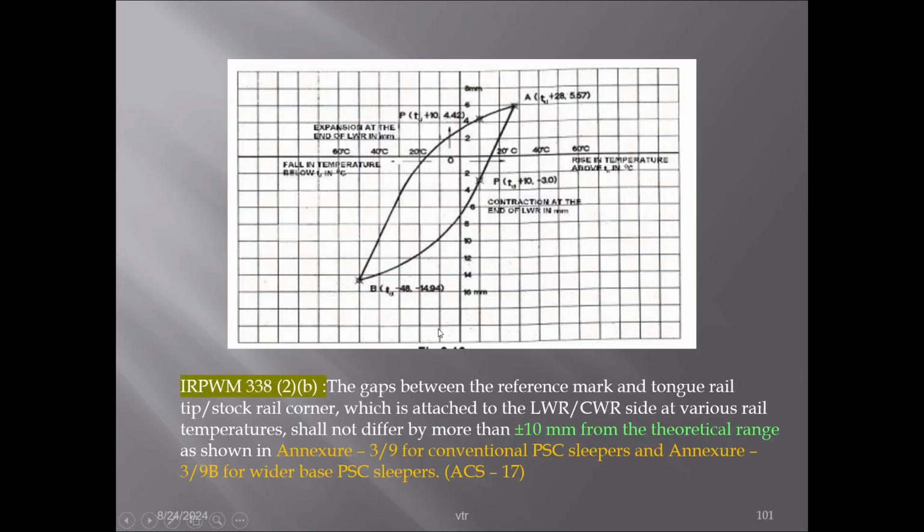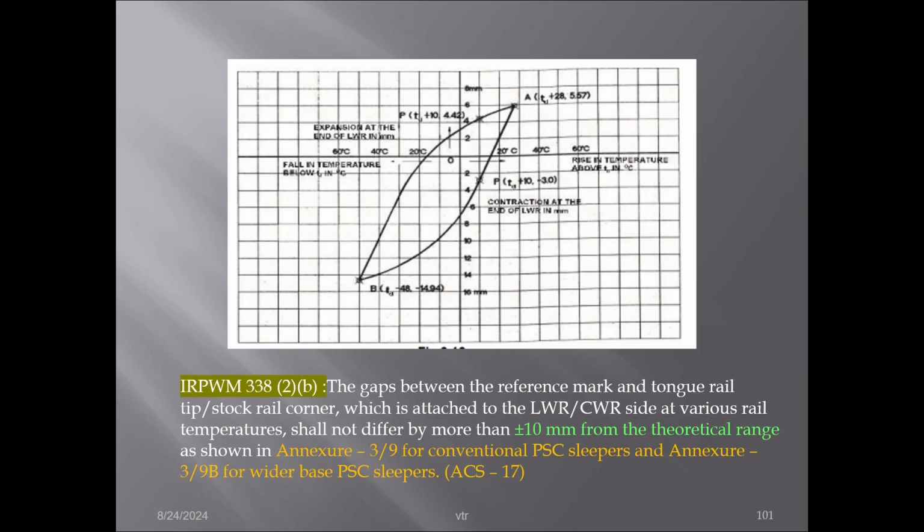Further, I want to say, as per the IRPWM, Indian Railway Permanent Way Manual, para 338 2B, over the theoretical range of gaps that you have obtained, plus or minus 10 mm we can permit, because some allowance is given.